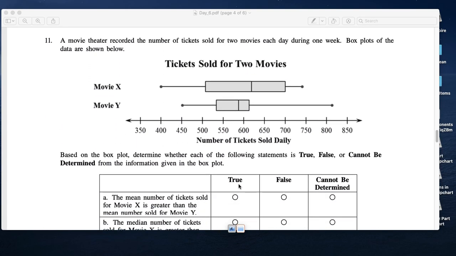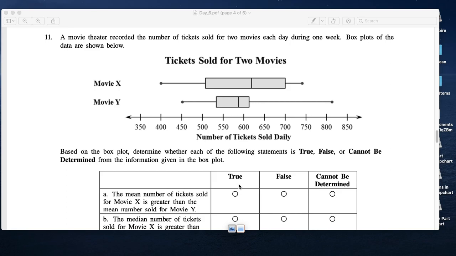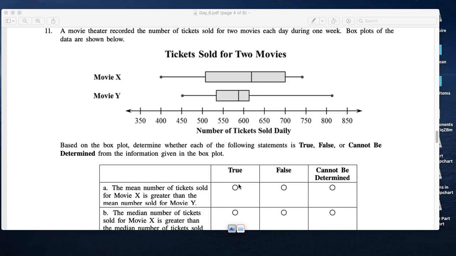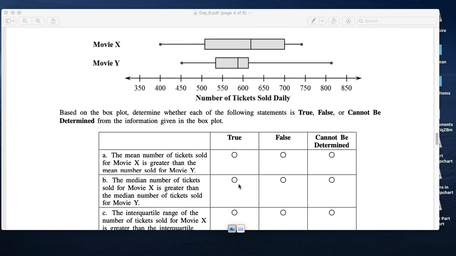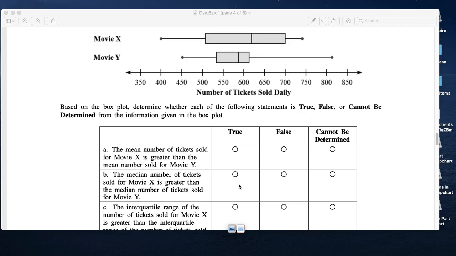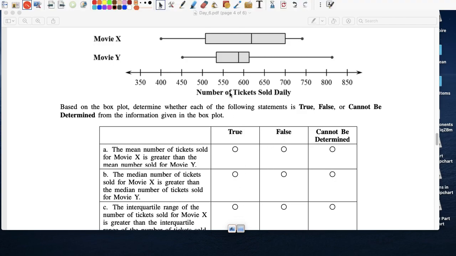All right, a movie theater recorded the number of tickets sold for 2 movies. Here's the box plot of the data shown. Tell me which one is true or false. A, the mean. In order to create a box plot, we get all the numbers, 5, 6, 7, whatever numbers they are, and we find the median, and then we find the median again of the bottom half and the median of the upper half, and we get the 5 points.